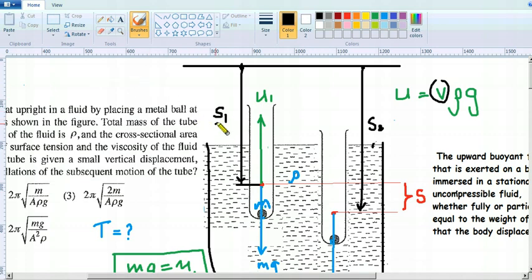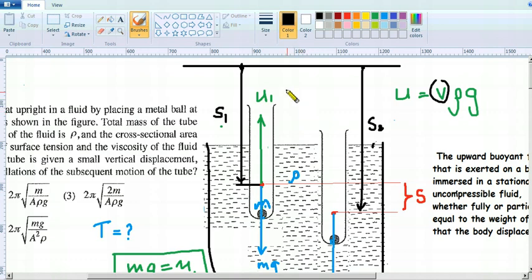So we get confused when they use words like this in a wrong manner. This length is the length that the center of gravity moved from here to here. So that is not the displacement, that is the change of displacement.